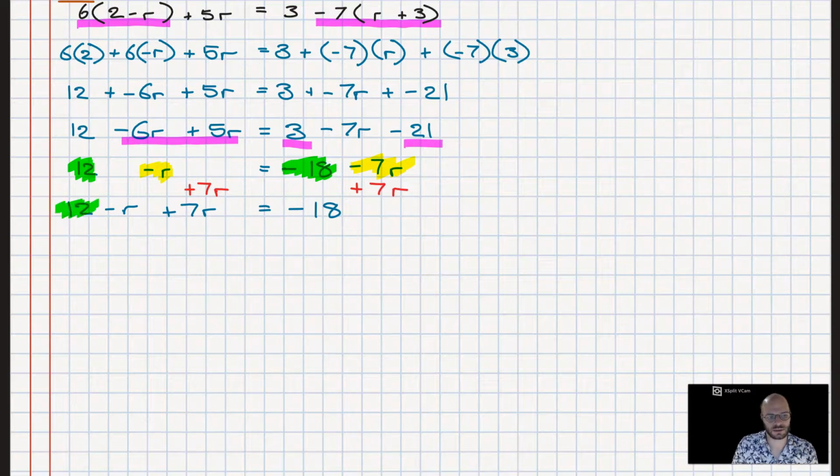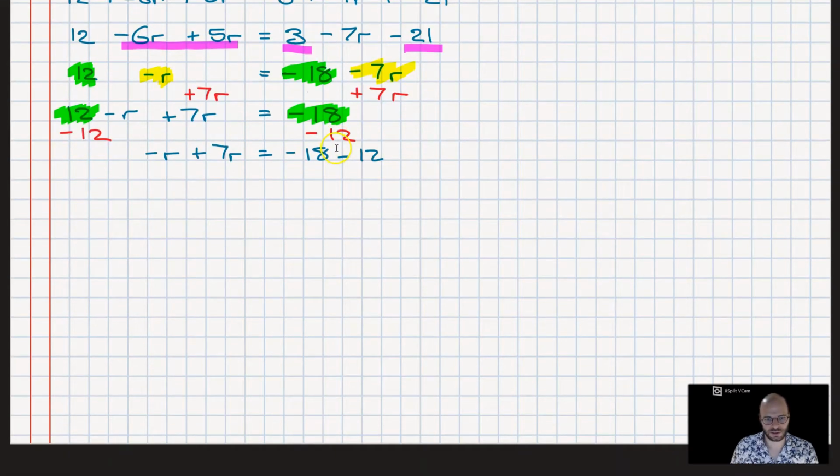Now, constant terms. The plus 12 has to go. So we're going to go minus 12, minus 12, minus 18, minus 12, minus r plus 7r. Alright, now we need to collect like terms. Minus r plus 7r is 6r.